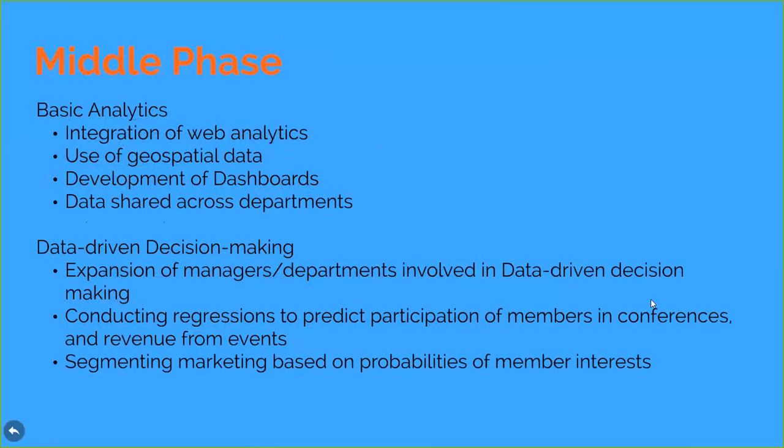The association starts conducting regressions to predict participation of members in conferences and revenue from events. At this point, the association begins segmenting their marketing based on probabilities of members being interested in initiatives. The organization also starts looking more into their data governance to improve their analytics.